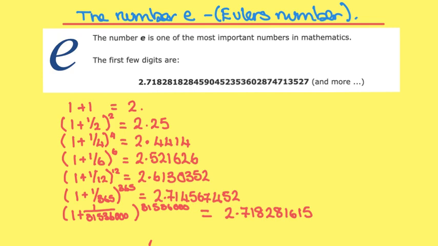So what is actually happening? Well, as you go up, the difference between each amount is getting smaller and smaller and smaller, but it is actually going to a limit.